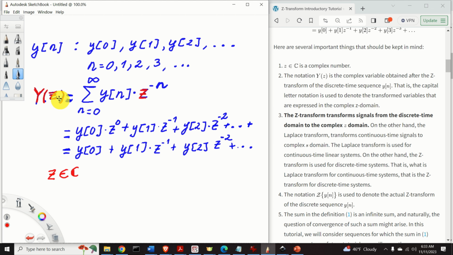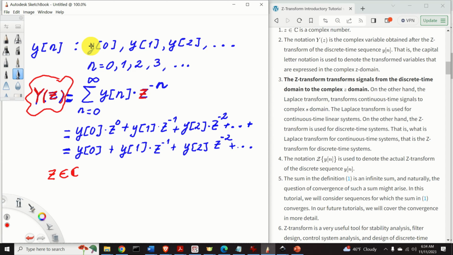This notation is the complex variable obtained after the Z-transform of the discrete time sequence. So what the Z-transform is actually doing, it's taking this sequence and converting it into a complex number, or an expression involving a complex number, which is essentially again a complex number with its real and imaginary parts. Keep that in mind.